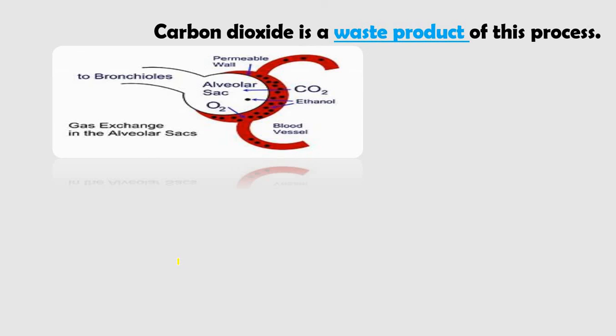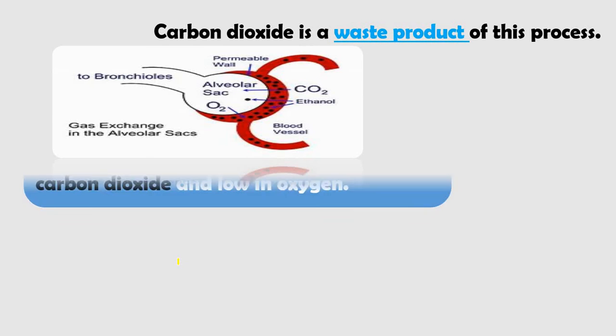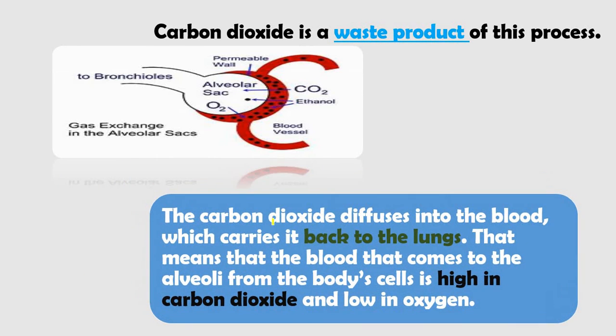So what can we conclude from this? We can conclude that the blood returning from all body cells back to the lungs is rich in carbon dioxide gas, and it carries very little oxygen, so it is low in oxygen.